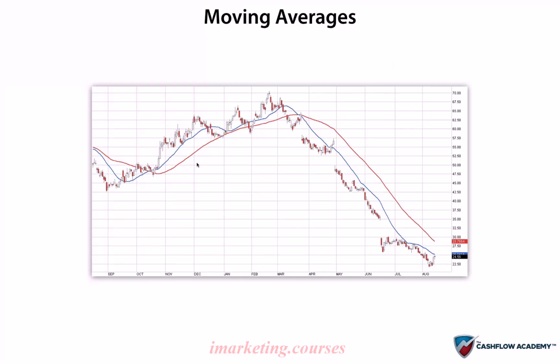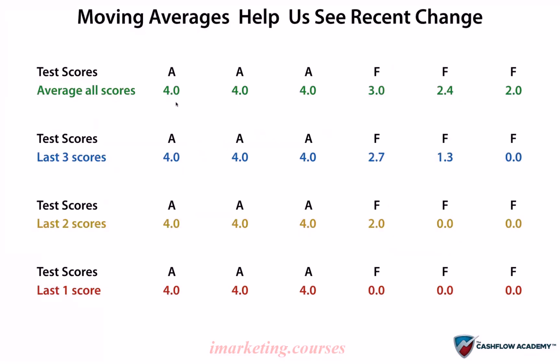Let's see how this concept works with going to school. If I average all the test scores, and I have this great math student that gets an A and A and A and an F and F and F, by the time I average all these scores together, he's still a C student. And that's dangerous, because let's say I have a teacher's assistant and a massive class in an overcrowded school, and I say, alert me to the kids that are failing the class.